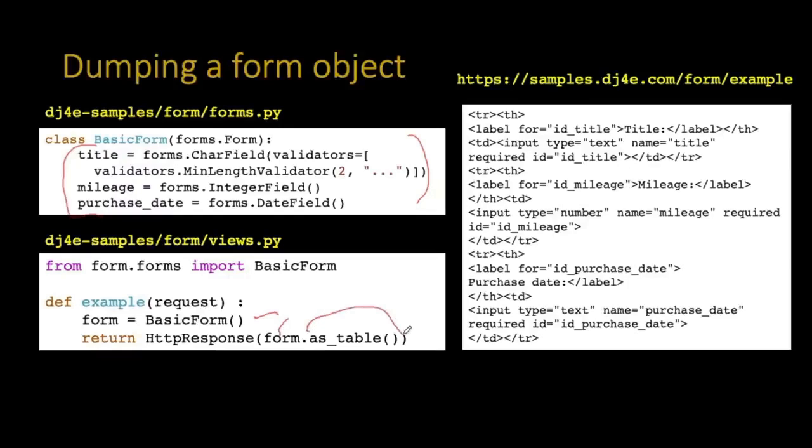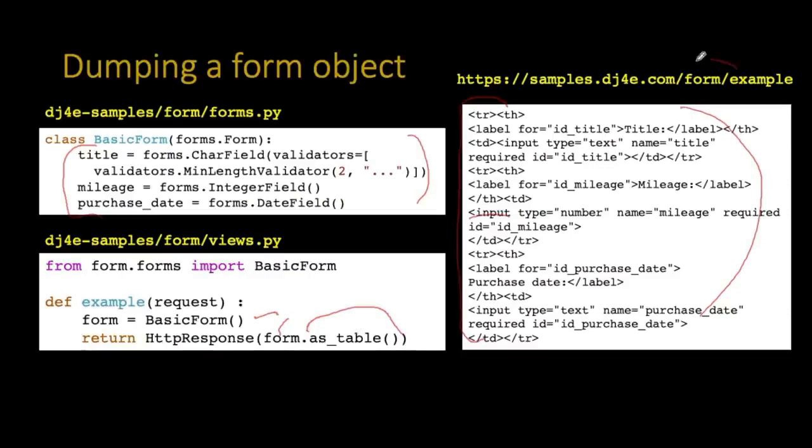The UI of this looks really ugly, but basically it generates all this HTML for you, input tags, and we told it to do it as table. That's not necessarily the prettiest way to do it, but all that HTML is generated from the form utility. So it can send it out as a list, you can send it out as paragraphs, etc. And this is just to show you the dump.